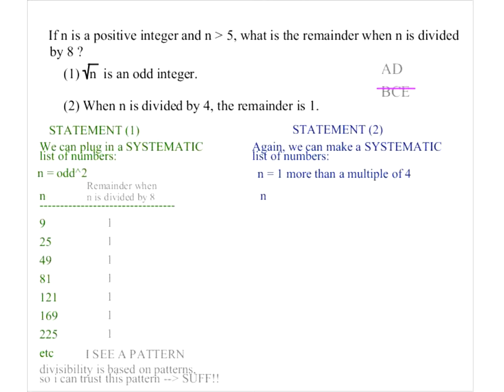But the n's that satisfy this statement, it's got to be greater than 5, so we start with 9. Here's the first few of those. Then we're doing the same thing. We're still finding out the remainder when n is divided by 8.